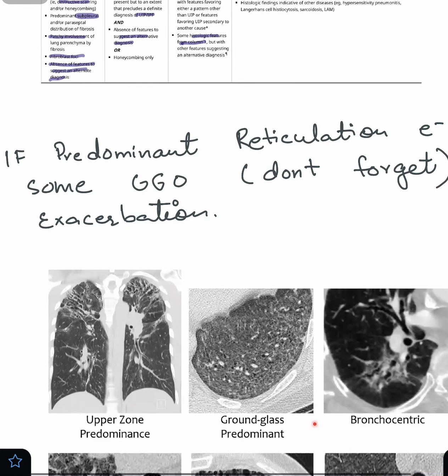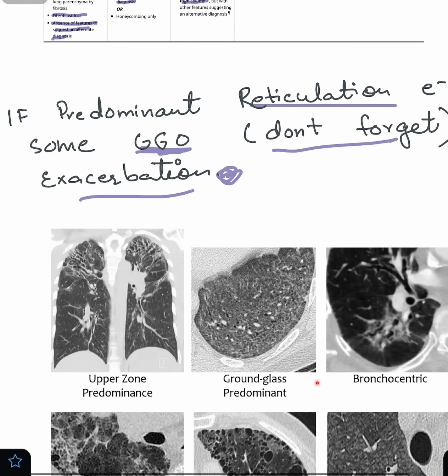So if there are predominant reticulations and some ground glass with the UIP pattern, don't forget that it could be exacerbation. So in exacerbation, both the patterns could be there.